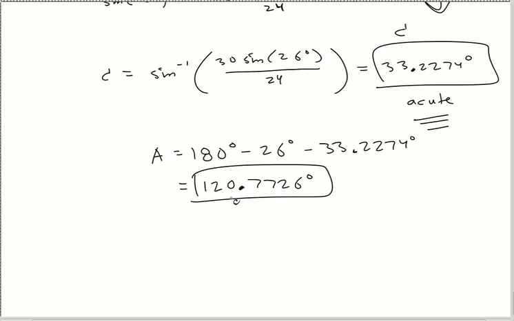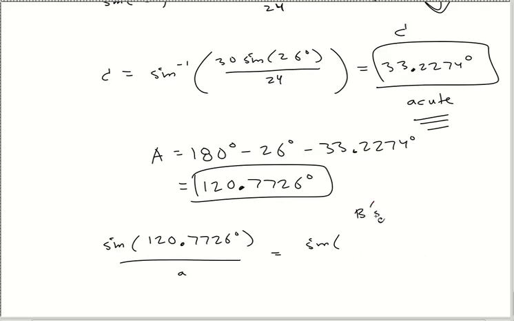Okay, so we found our A. Cool. So we got 2 of our answers already. Now we just need to find little a. So I got sine of my A. Again, notice I'm having to use this rounded answer. It's pretty tough. Over little a is equal to sine of. Should I use B or C here? Well, notice that C is rounded. I don't want to have to keep using rounded answers, so I'm going to use my B's here instead. B's were fixed. B's are simple.